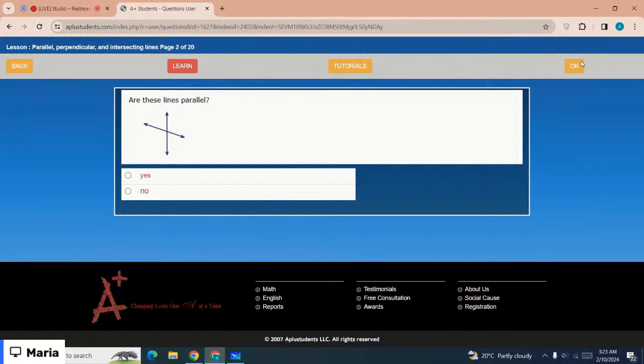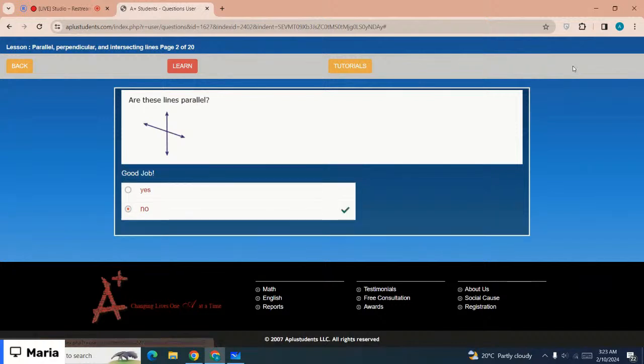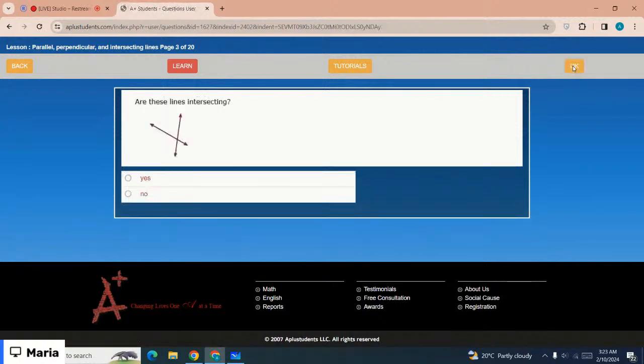Are these lines parallel? No, they are intersecting lines, right? They are not parallel. Are these lines intersecting? Yes, they are intersecting lines, right?